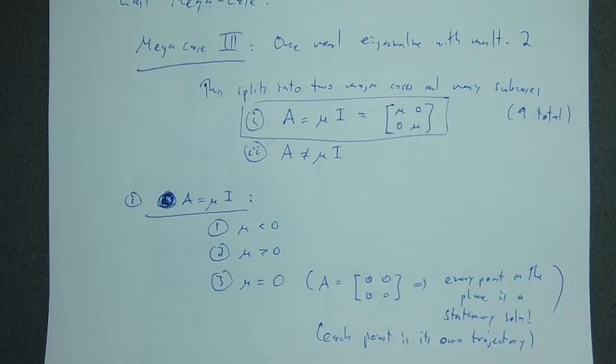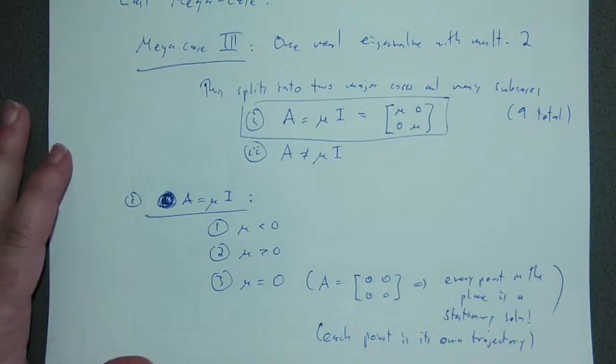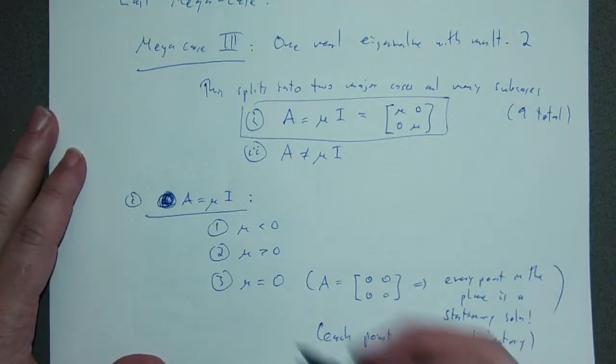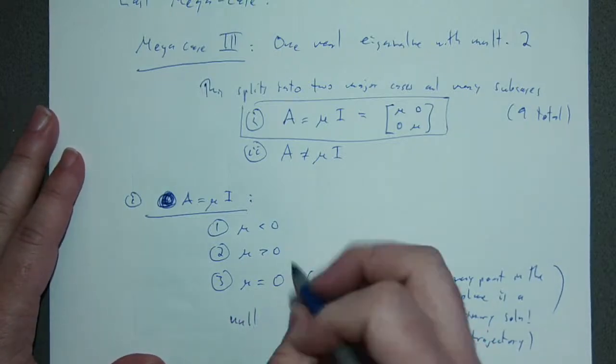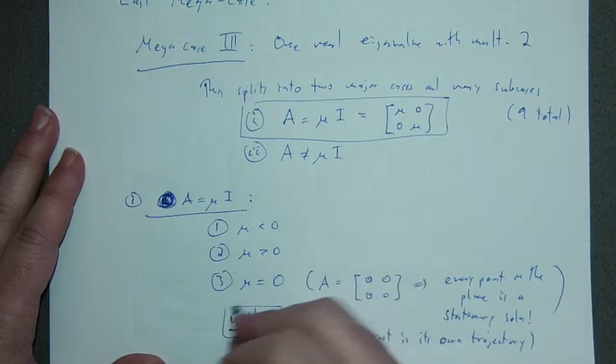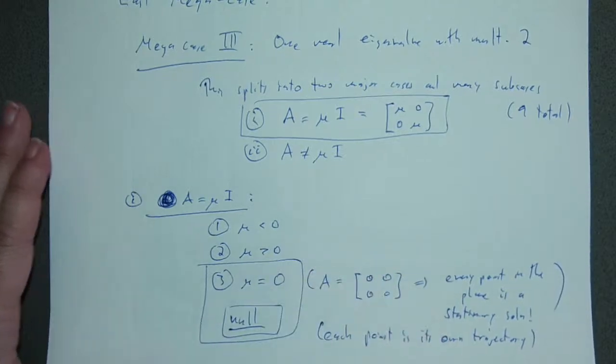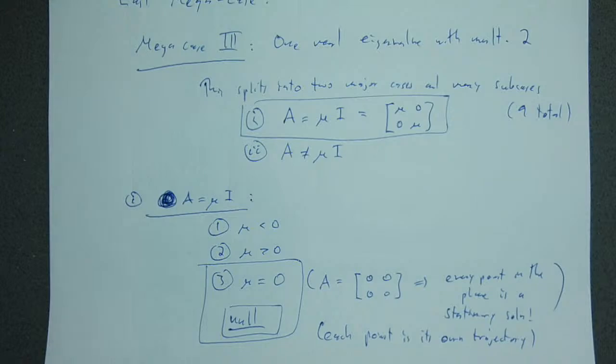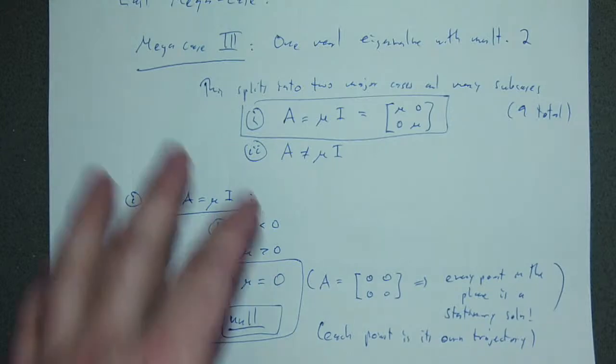If mu is less than 0, like I said, radially approaches the origin as t goes to infinity. Mu greater than 0 radially moves away from the origin. So this is called the null case. It has no picture, and in this course you're not going to be presented with something like this, so you can forget that this case even exists.